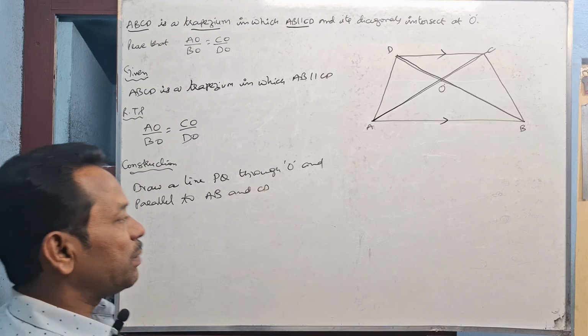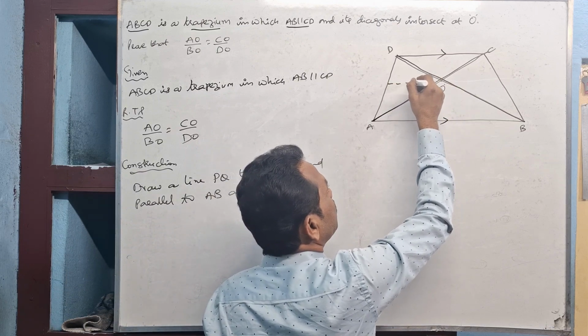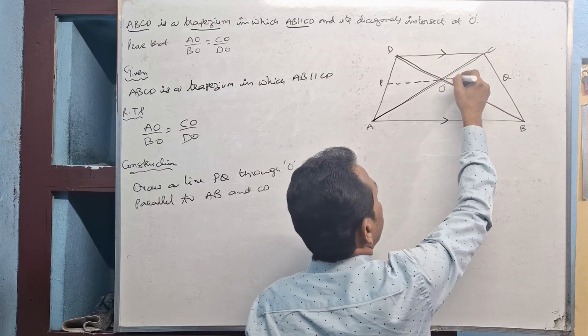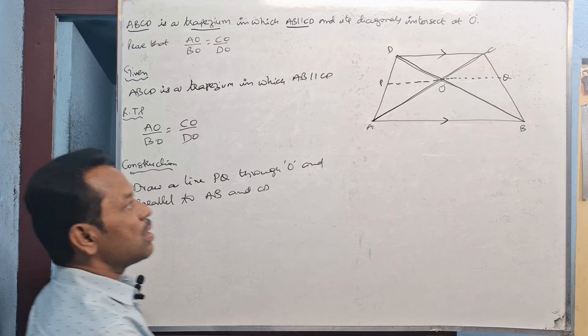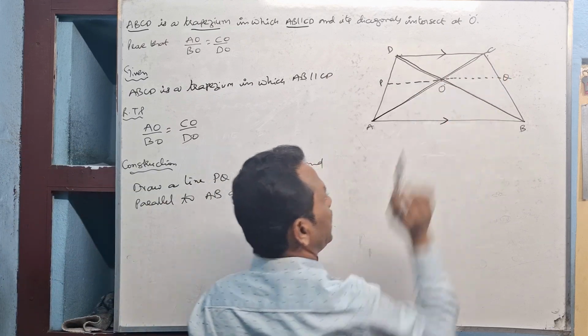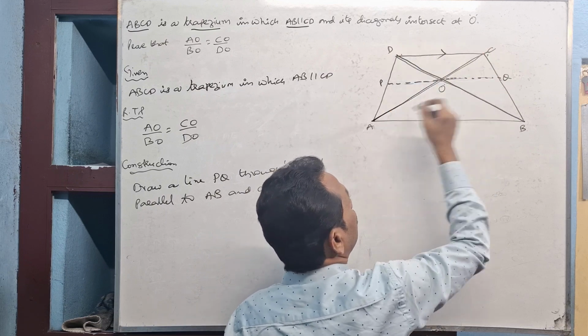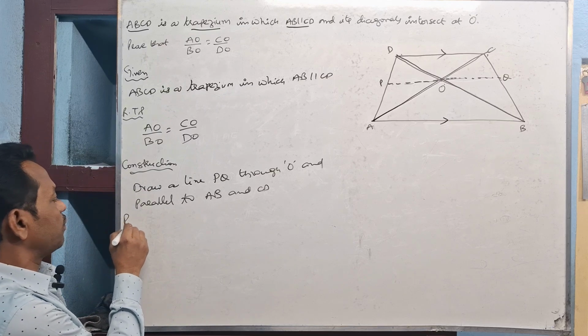So the line PQ is passing through O, and PQ is parallel to this side AB as well as CD. Now let's go for the proof.